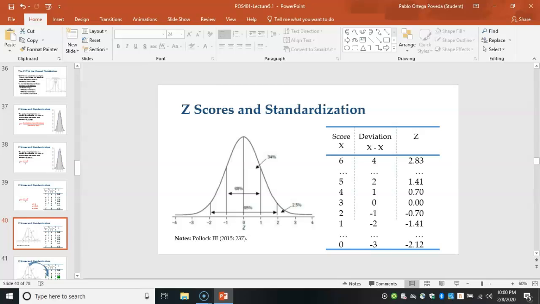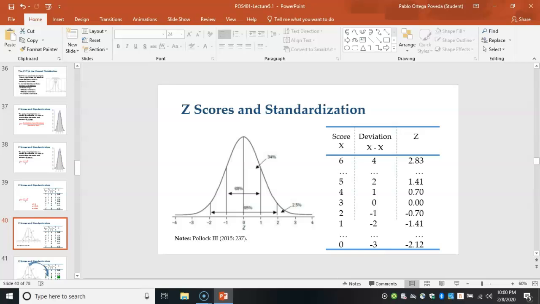Almost 95% of all the observations will be within more or less 2 C values, and very few cases will be in the range of more or less 3 C values.